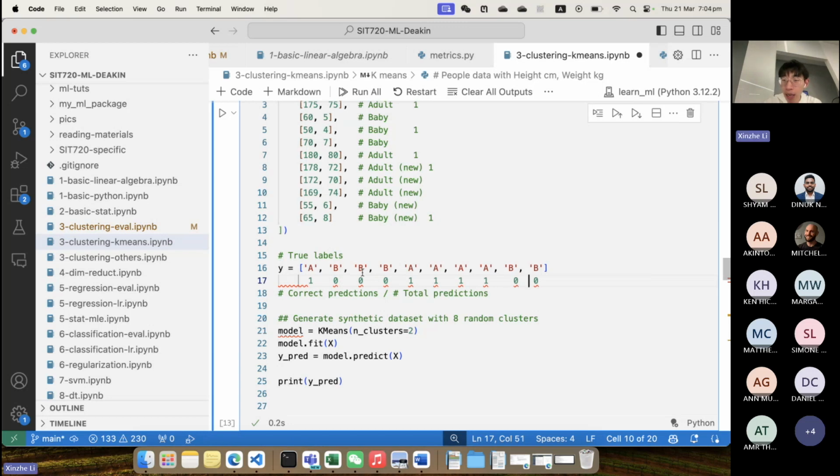So I will say 0 corresponds to B. Now I can calculate the accuracy, right? But before that, without knowing which cluster corresponds to which label, we can't calculate that. So this is very easy because the prediction is completely matched. But let's make it a little bit more challenging.